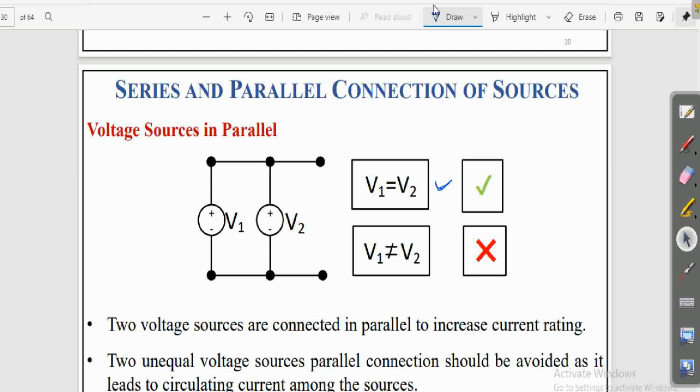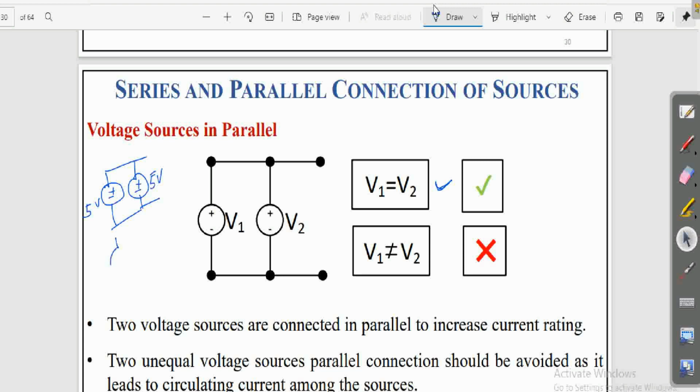So if V1 equals V2, what happens? If I connect similar voltage sources in parallel, if I connect one more voltage source in parallel, it increases the current rating. By connecting multiple equal voltage sources in parallel, it increases the current rating.